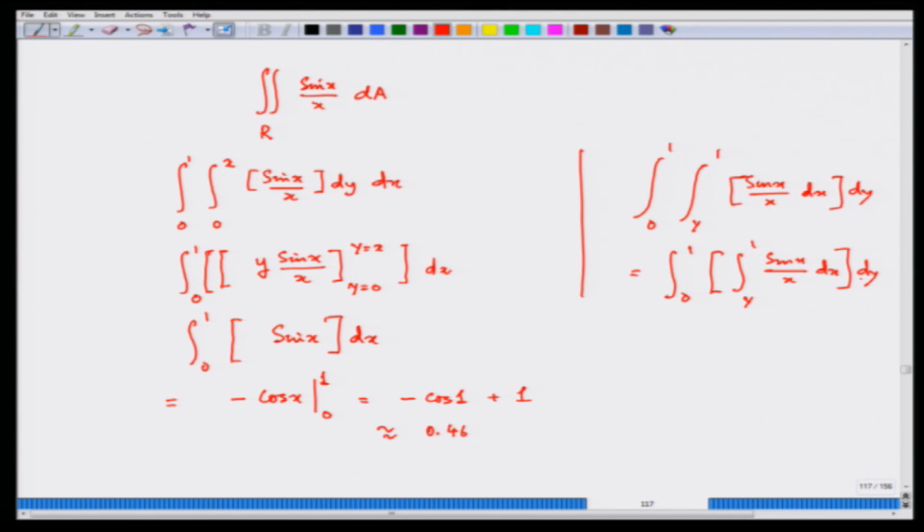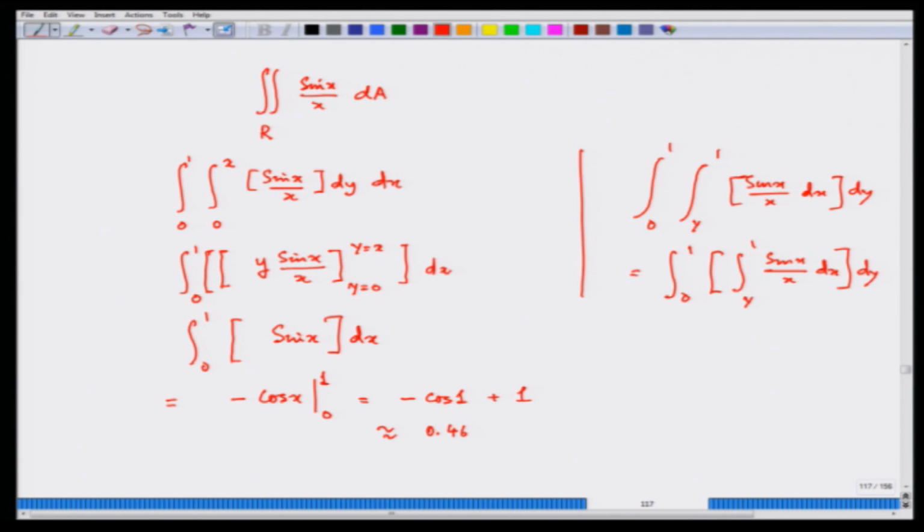The problem is that you cannot calculate this and get the answer, because sin x by x does not have an antiderivative. So, it is not always true that you will be able to get this form back.